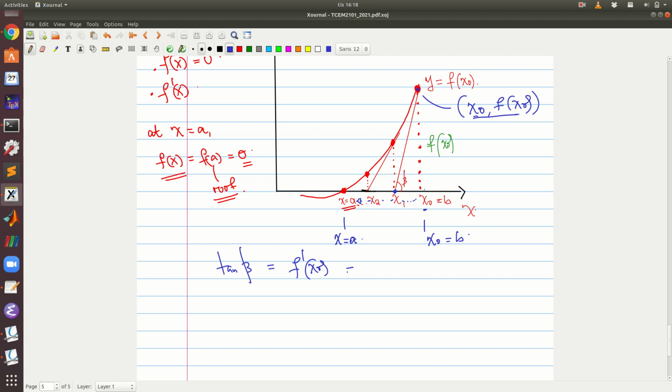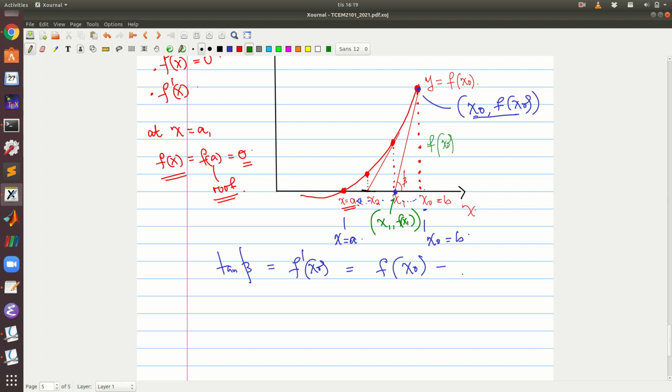And we know that we can get this by getting the change in the vertical axis, which is f of x naught here, and then here we have x1, f of x1.